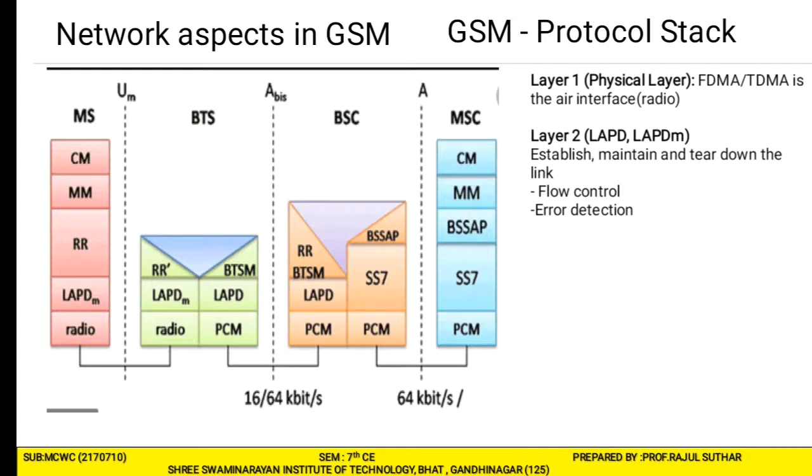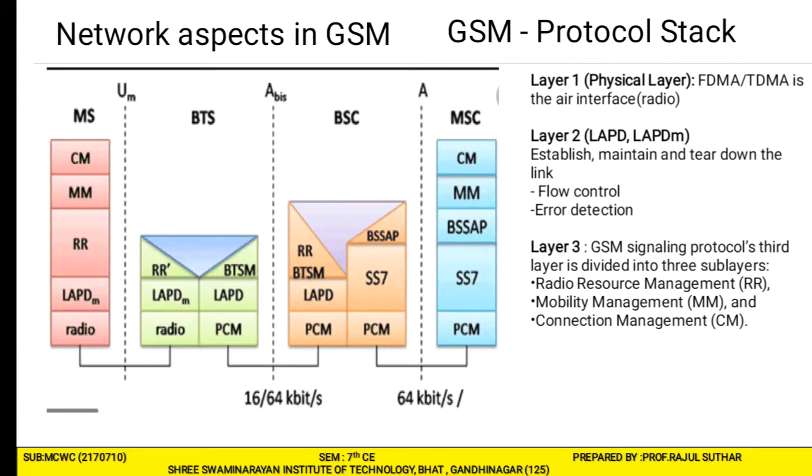Then last, layer 3, it is the GSM signaling protocol. The third layer is divided into 3 sublayers. In the figure we show layer 3 that covers RR, meaning radio resource management, mobility management and connection management.